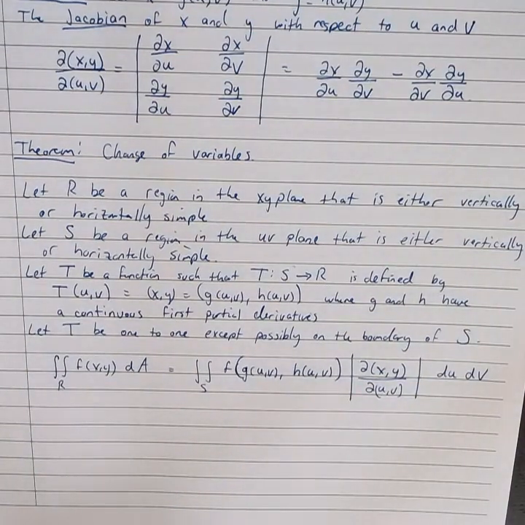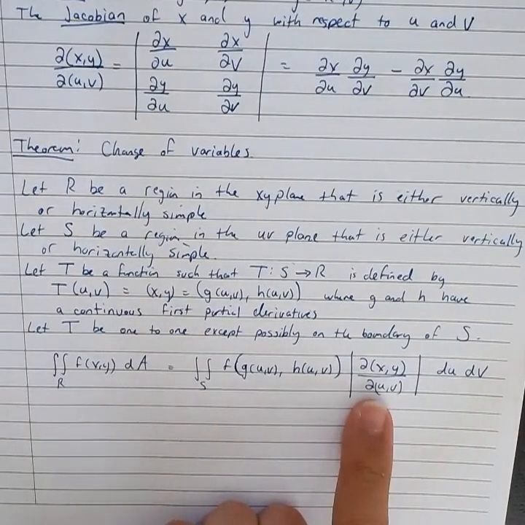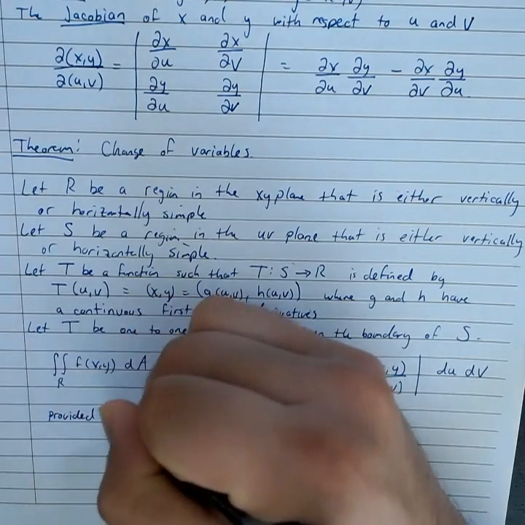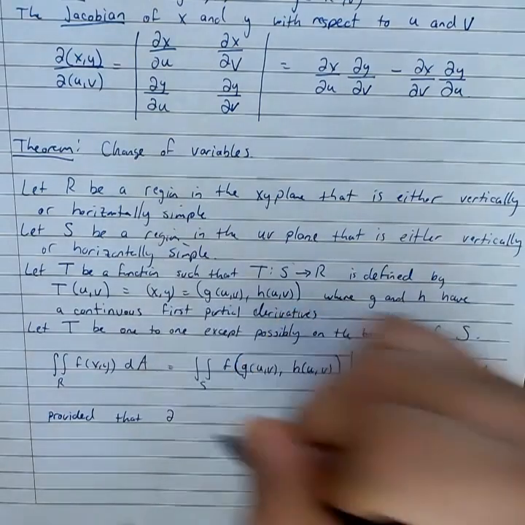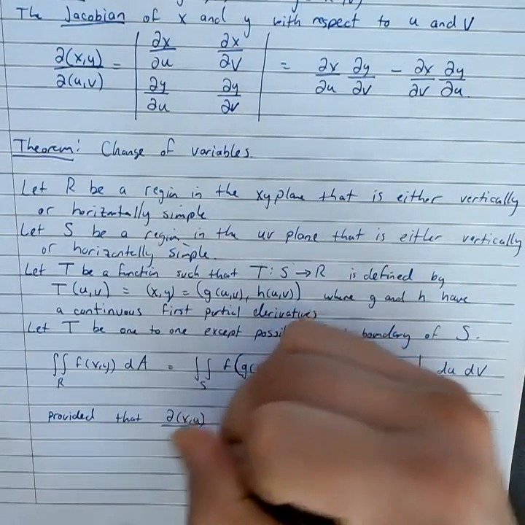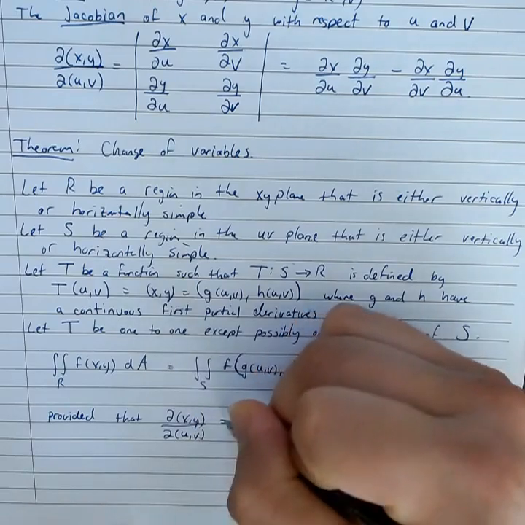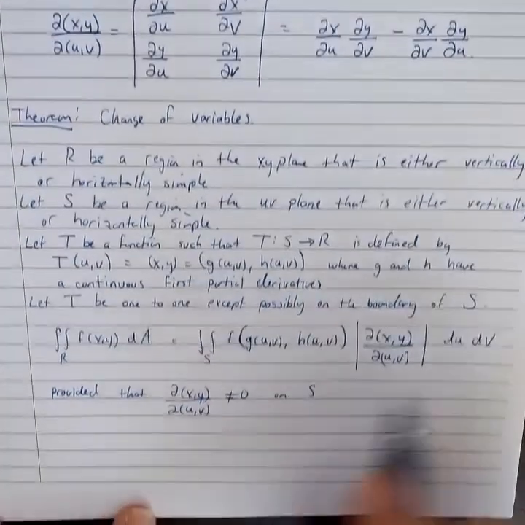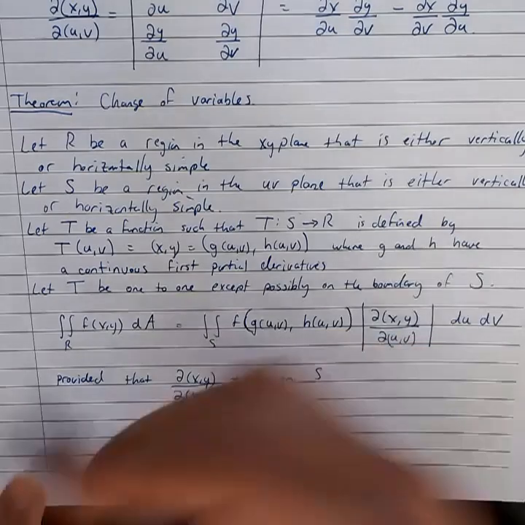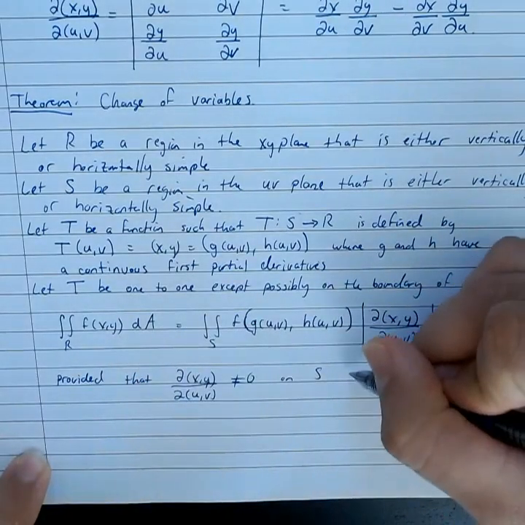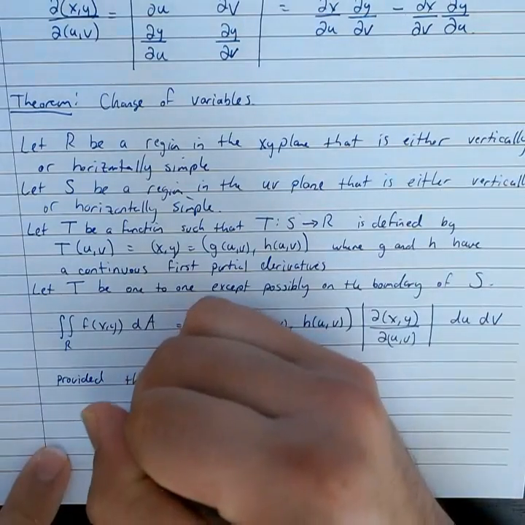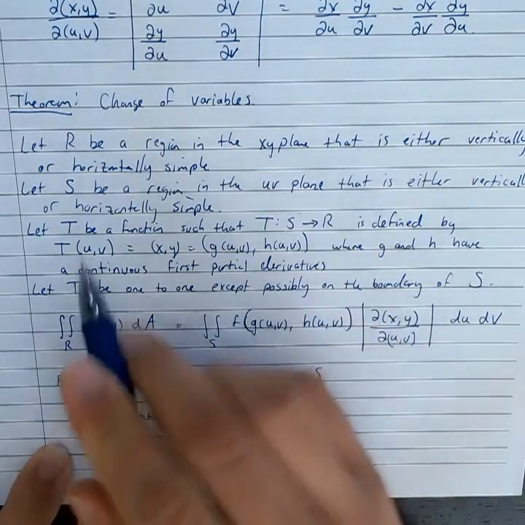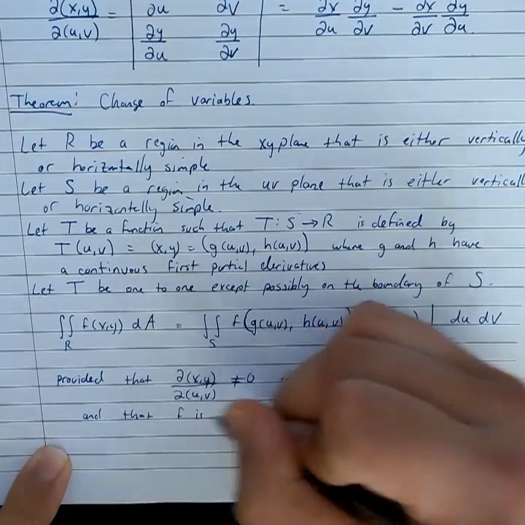This is true provided that your Jacobian's absolute value is not equal to 0, provided that the Jacobian of xy with respect to uv is not equal to 0 on S. Because if it is, well, then you have 0 and everything goes away. And also provided that on S, the function f, the one that we're integrating, is continuous as well.